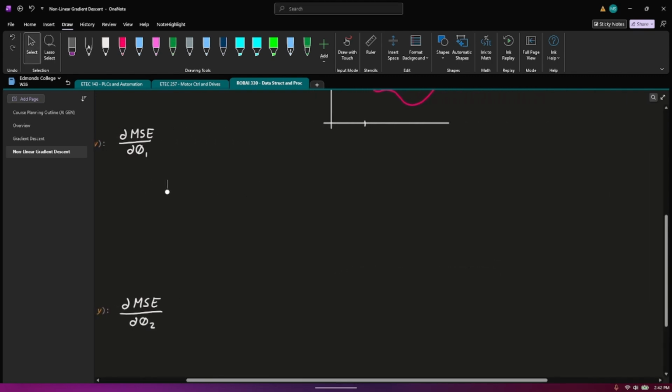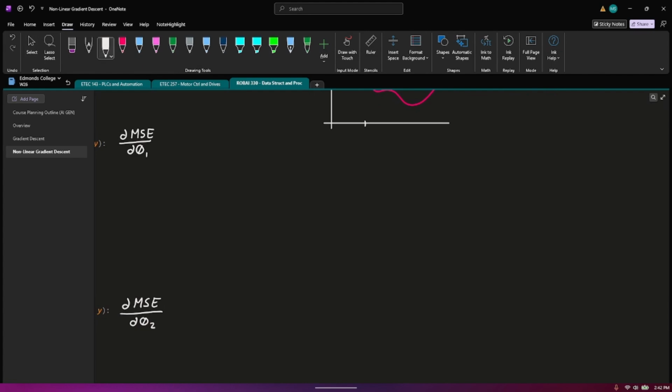I'll maybe move over here, and we'll first do this analytically so we can write this out as code. So first, dMSE with respect to theta 1. Just as a reminder, my MSE function right now is the mean of my (y minus y hat) values, squared. But I'm going to replace my y hat with my prediction.